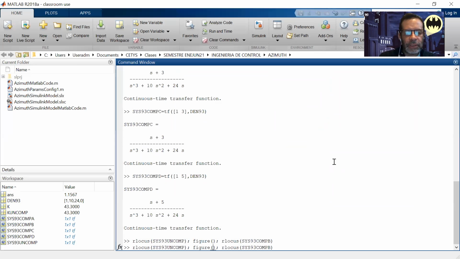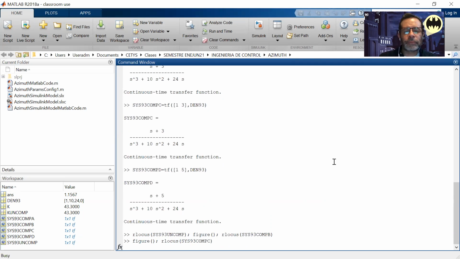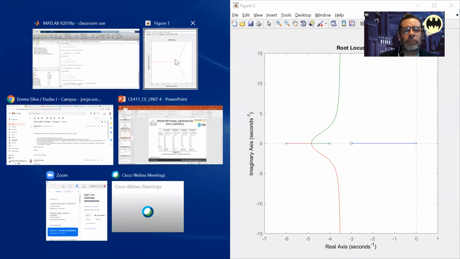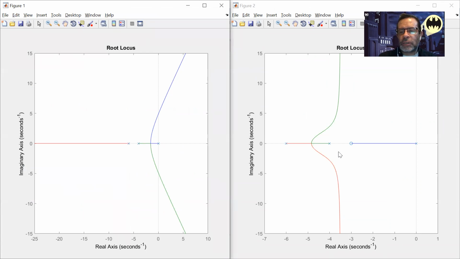Let's do the root locus of comp C. I'm going to keep the other one so we can compare. It looks the same, but it's been stretched a little more, so it's giving me a little more range of values on this side.